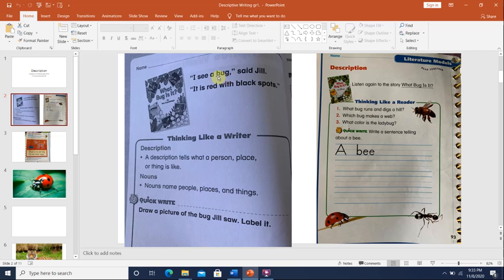So when Jill says, I see a bug, it is red with black spots, she used details to tell more about the noun, which is bug. She said that the bug is red with black spots. All right? So as you see here in our writing, the writing parts will talk about description.